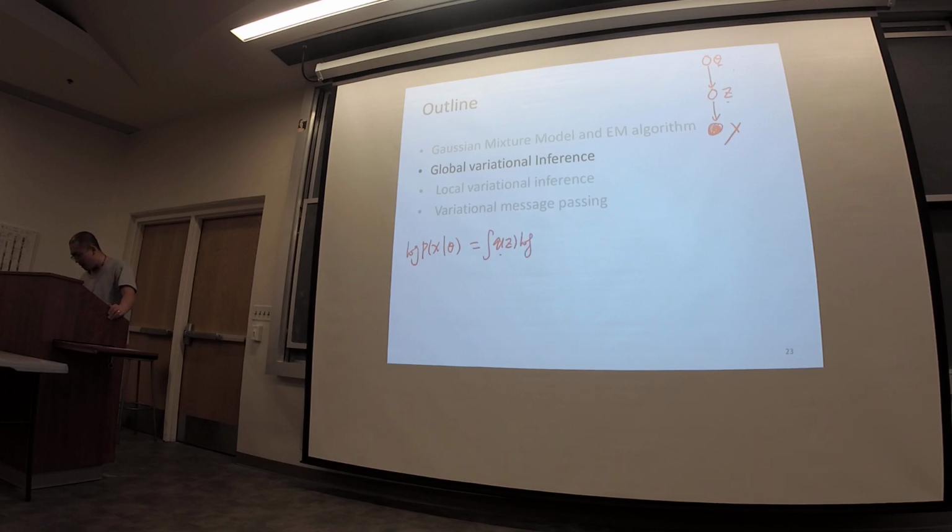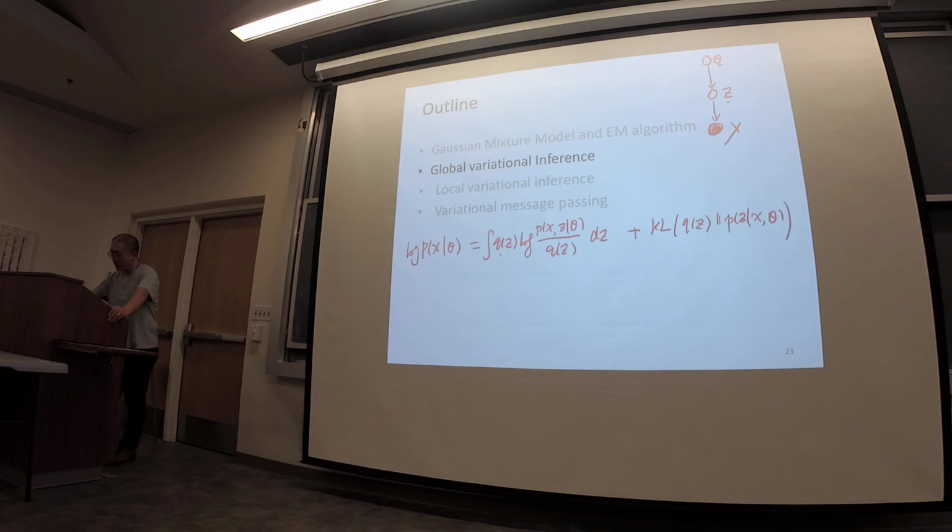The expectation of the fraction: the numerator is the joint probability, and the denominator is this extra distribution Q of z. Plus a KL divergence between your introduced distribution over z and your true posterior of z given x and given theta.